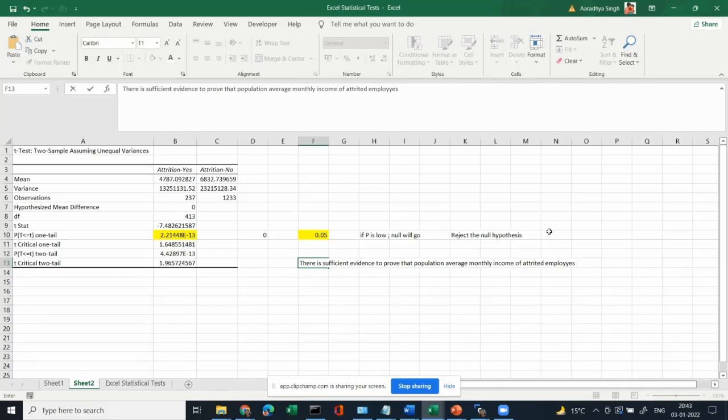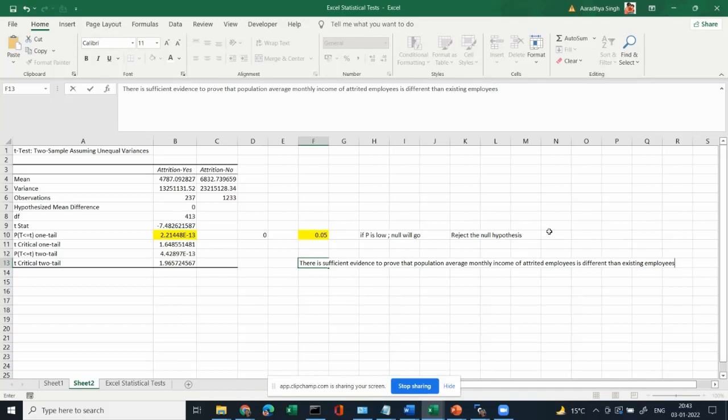So we can say that there is sufficient evidence to prove that the population average monthly income of attrited employees is different than existing employees.